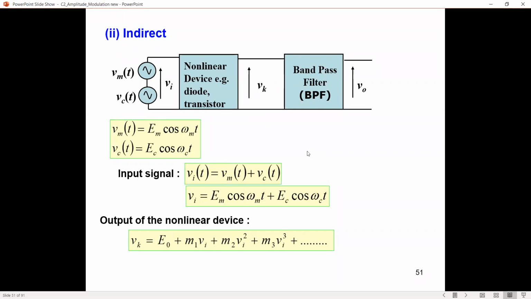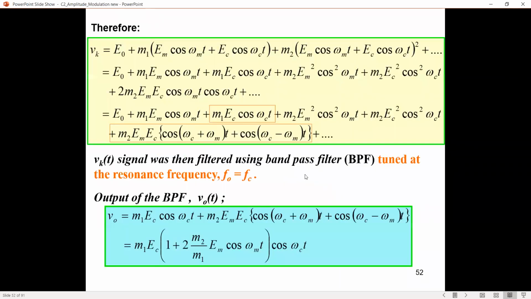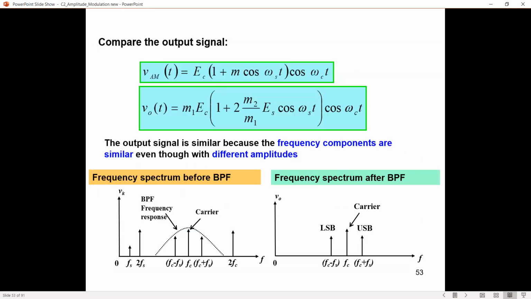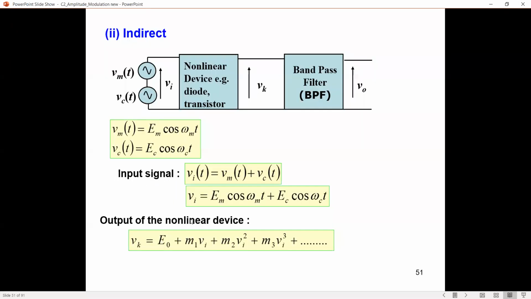I think we have this kind of question in the tutorial, if you notice. So it depends on your VK, the function of our nonlinear device. The exact function will be given in the question, but normally it will be something like this, where you are given a multiplication factor for the V input.